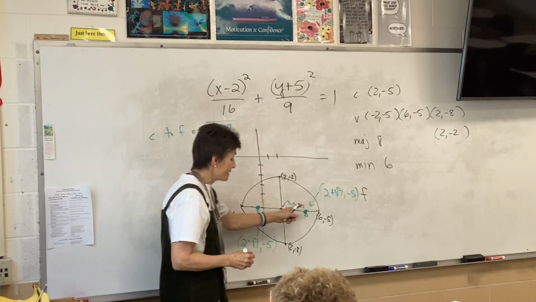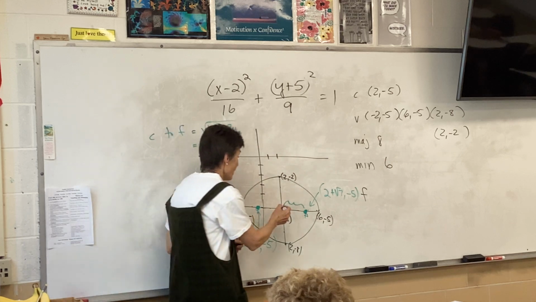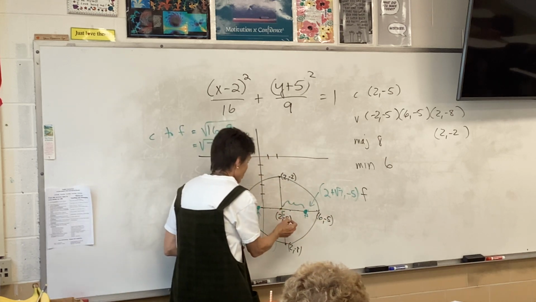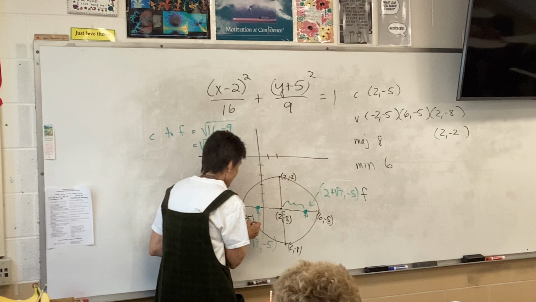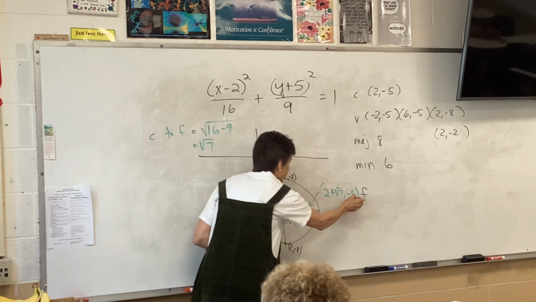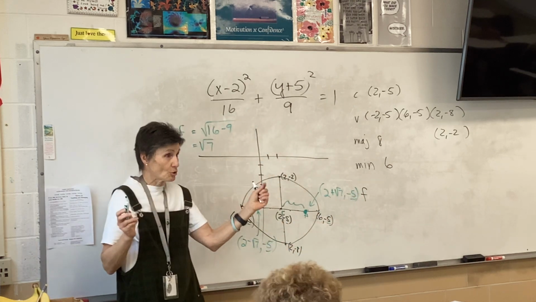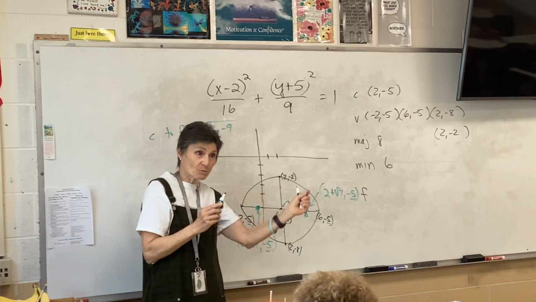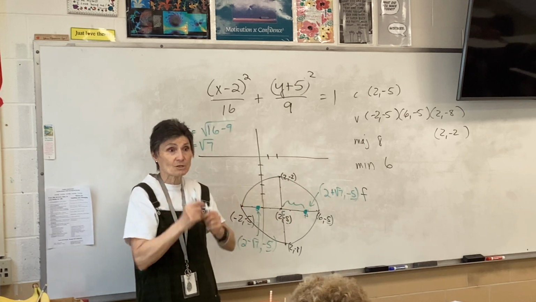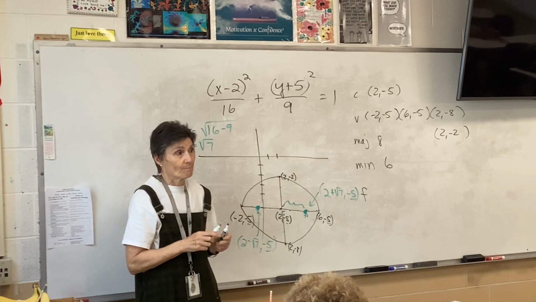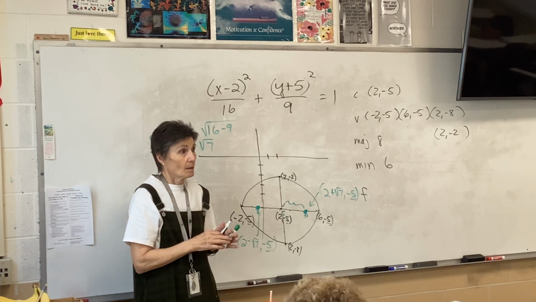If you're doing this on graph paper, I'm not going up and down, so my negative 5s are all staying the same. It's staying negative 5. But my x's are changing. 2 plus root 7, 2 minus root 7.